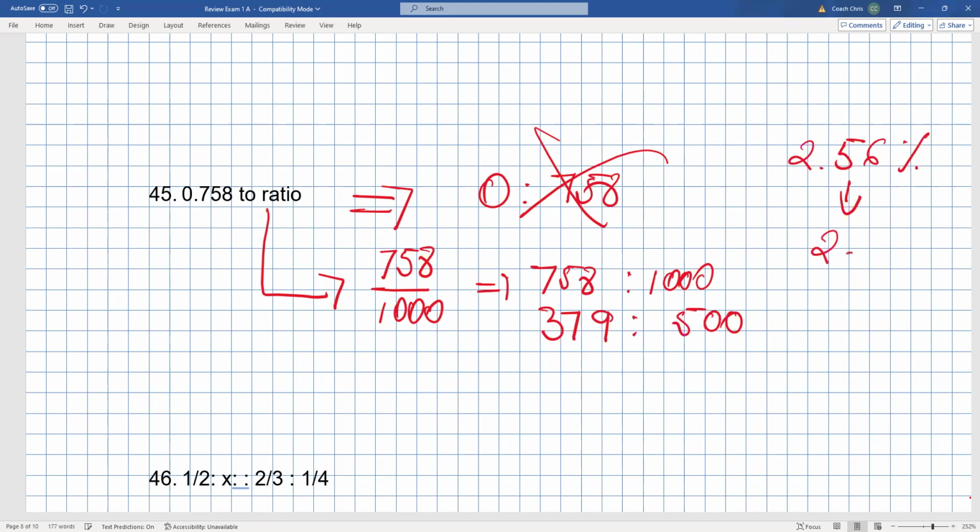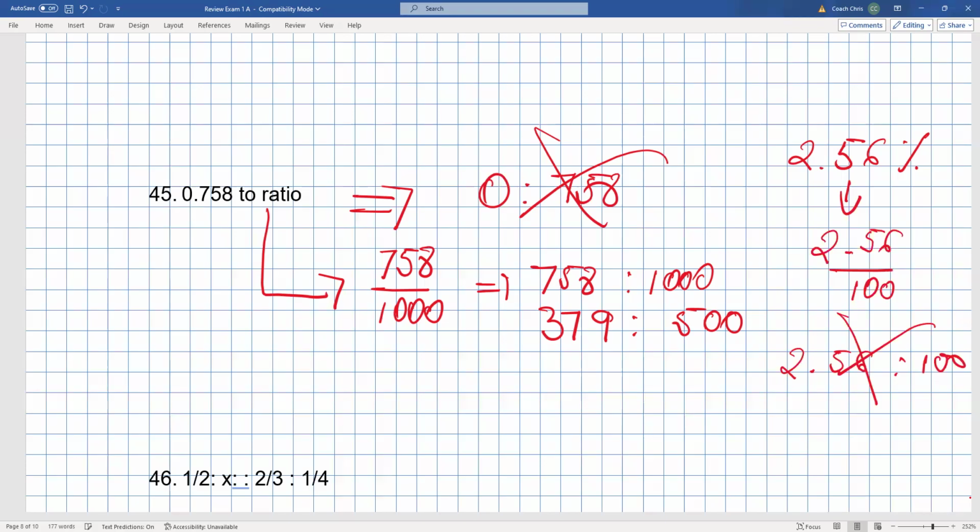It means 2.56 over 100. Correct? That's right. Do not write your ratio like this: 2.56. No. That's not correct.